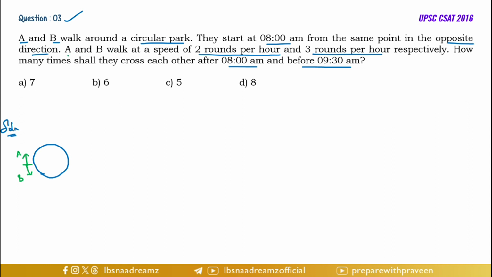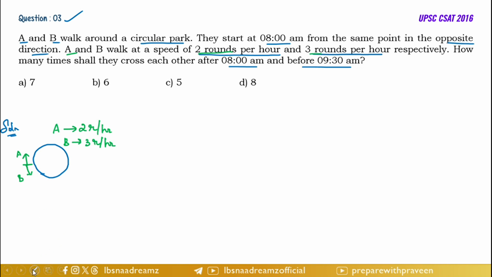So A can walk at the speed of 2 rounds per hour. B can walk 3 rounds per hour.